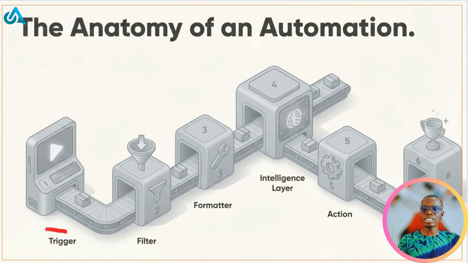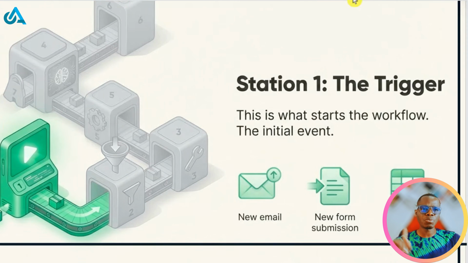The first one is what I call the trigger. So let's just quickly run through: trigger, filter, formatter, intelligence layer, action, output. It doesn't matter; it's not compulsory that it must follow this order. This is me just trying to break it down for you to understand. So let's begin to look at each of the core parts of an AI automation.